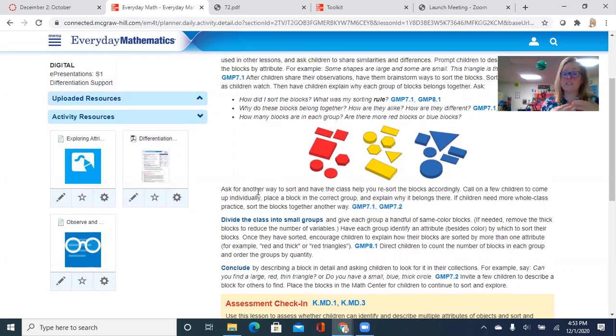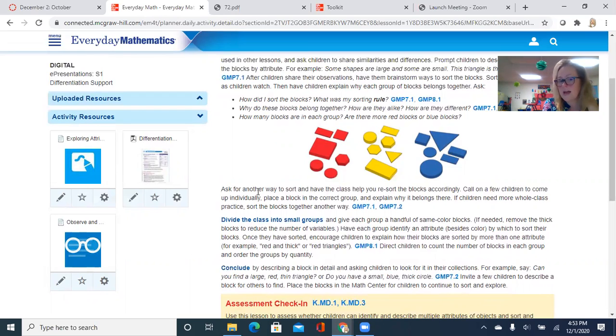Your sorting rule is simply how you sort it, okay? And then you're going to have to also be able to answer, why did you put those blocks together? How are they alike and how are they different? And then how many blocks are in each group? And then we're going to compare the groups using comparative words, more, less, and equal.